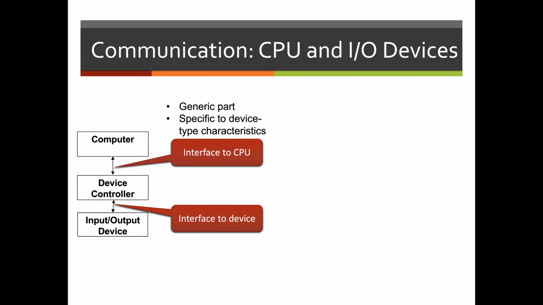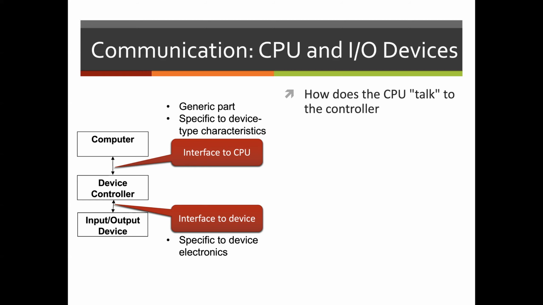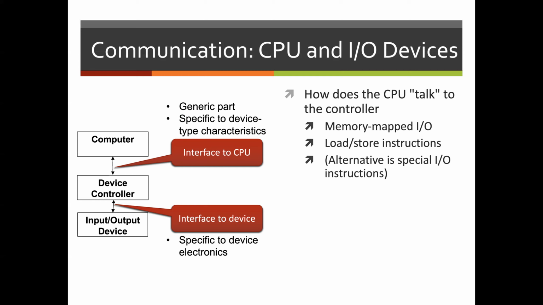And so we want to consider, how does the CPU talk to the controller? In this extent, we have memory mapped IO, we have load and store instructions that can be used as an alternative to special IO instructions. And so what are some ways in which data movement is affected?